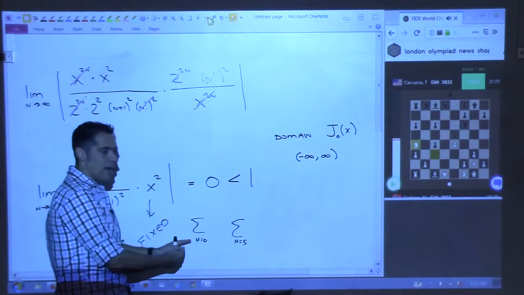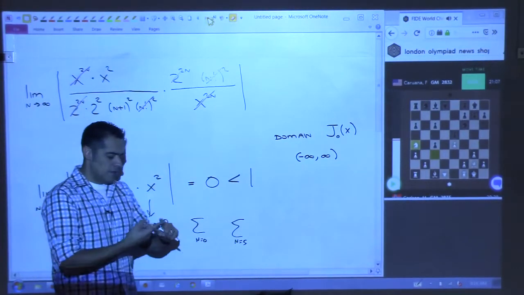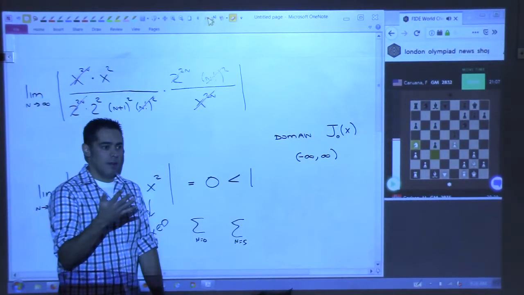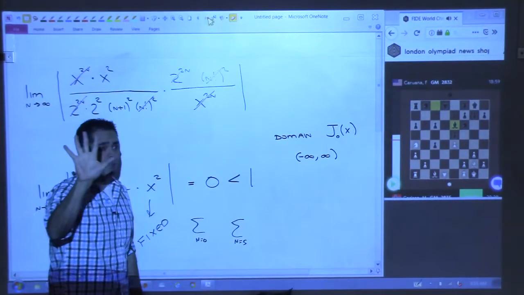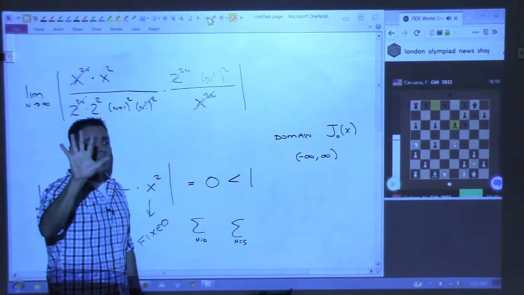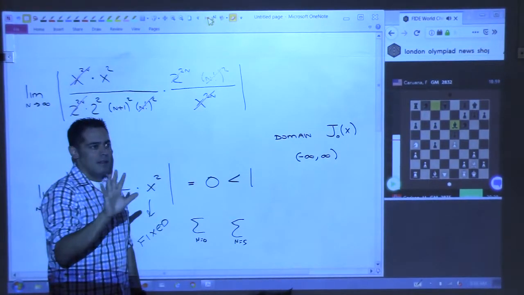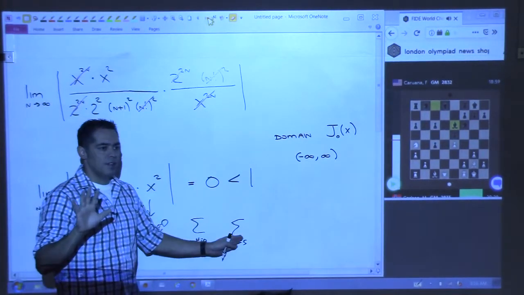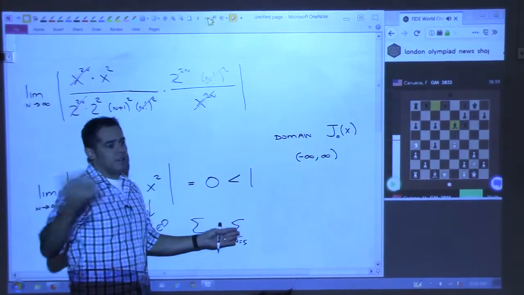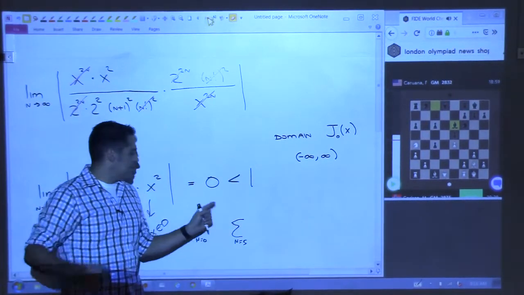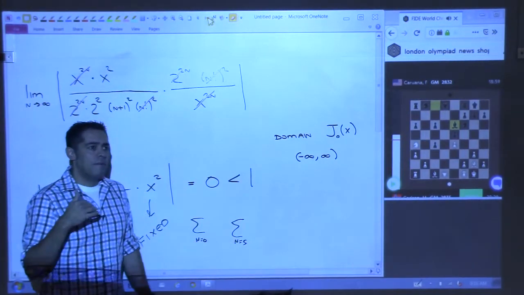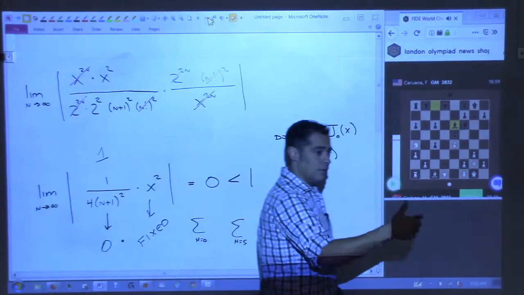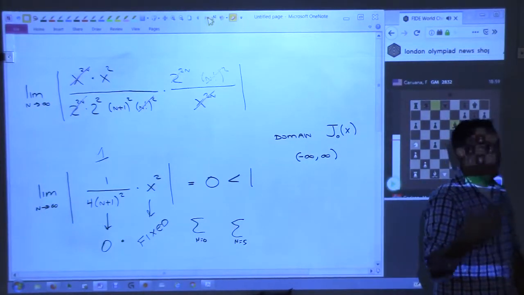That means we've missed plugging 0, 1, 2, 3, and 4 in there, right? So the difference between this sum and this sum is 5 terms, 5 numbers that are not being added. So if this thing converges, adding 5 numbers to it is still going to converge. Or if this thing diverges, adding 5 numbers to it is still going to diverge. So a finite number of terms added or subtracted from a sum does not have an impact on its convergence or divergence.